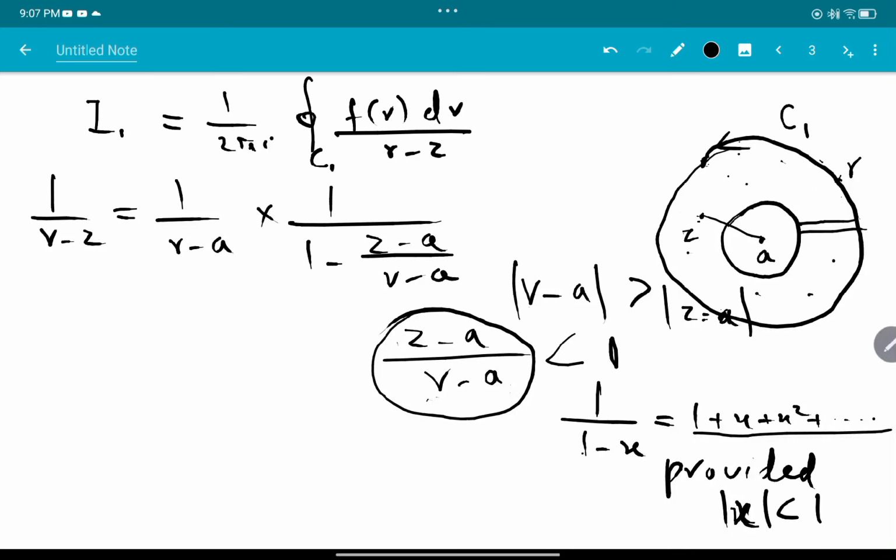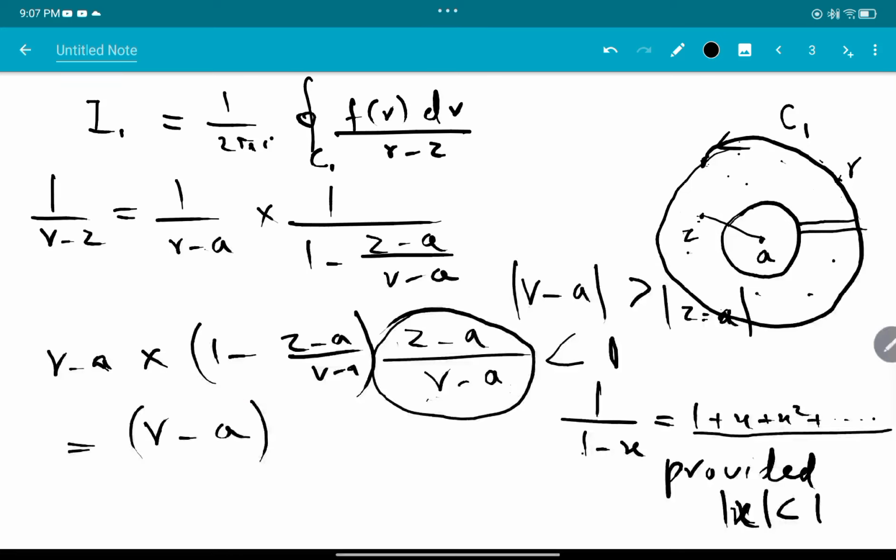Now you can multiply it. First let us do it: gamma minus a into 1 minus z minus a divided by gamma minus a. Multiply this by this, gamma minus a into 1 gives gamma minus a, and gamma minus a into z minus a over gamma minus a cancels, giving minus z plus a.